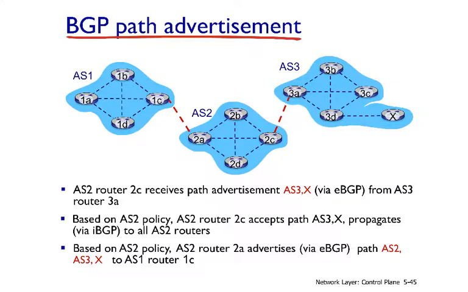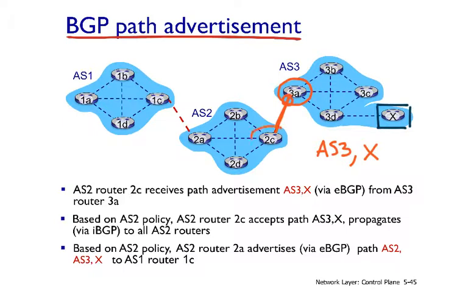In this example, we want to advertise that X is reachable. How to do it? So the border node 3A will send a message, an advertisement with this information. Destination X, AS path AS3, and the next hop is this one.